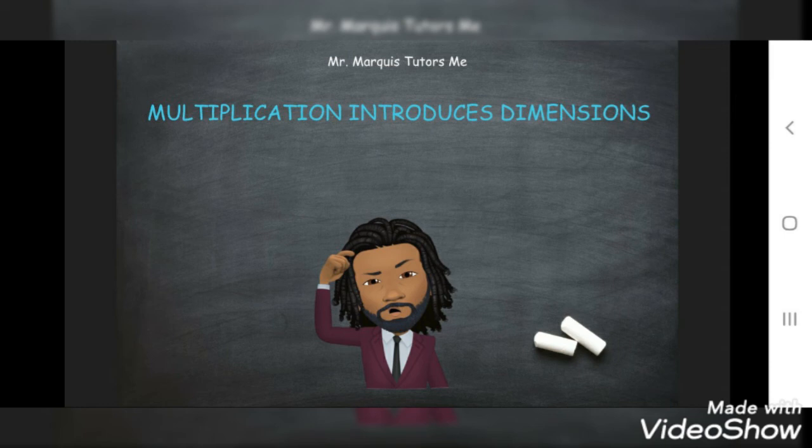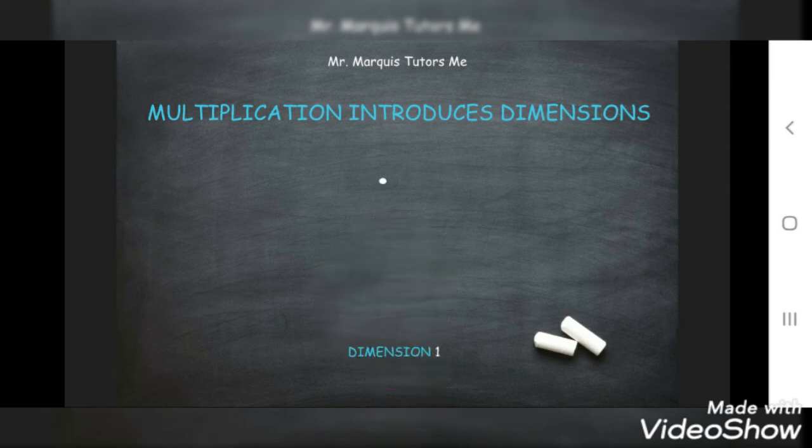Multiplication introduces dimensions. Let's say in dimension 1, we had nothing at first. We had nothing, but you put a dot there. And let's say that dot is 0, right? So this is the starting point, the reference point.